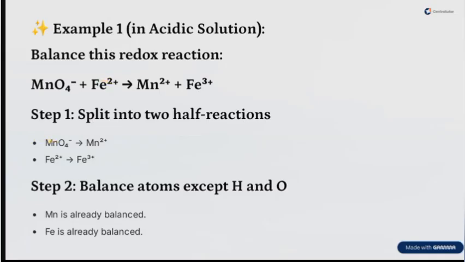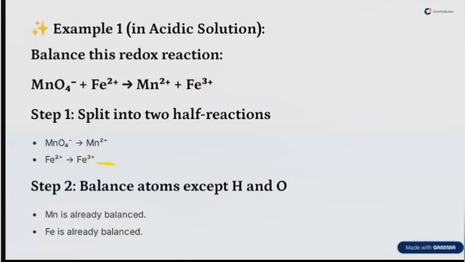Then all the places that Mn appeared on the right-hand side, you write on that side. Fortunately for us, it appears just once here and once here, so we write it once here and once here. Fe also appears once here and once here, so you write it the same way.